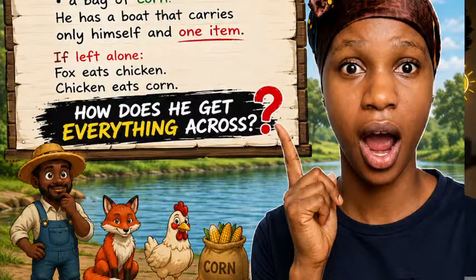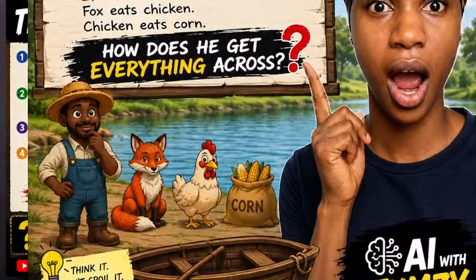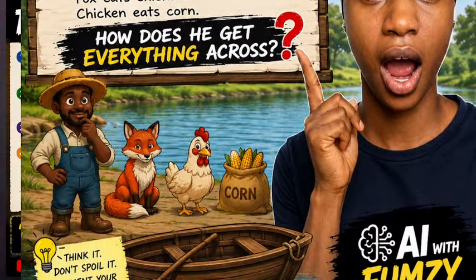So now what the farmer needs to do is that he needs to take the chicken first. He picks the chicken in the boat and crosses the river, and drops it by the other side of the river where he wants to cross to.